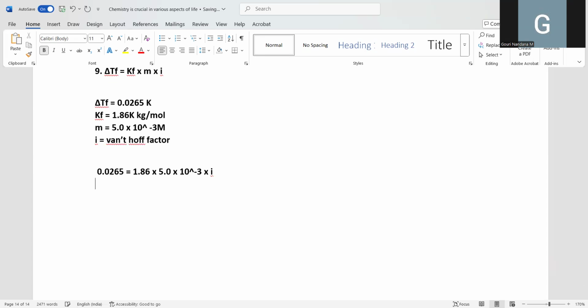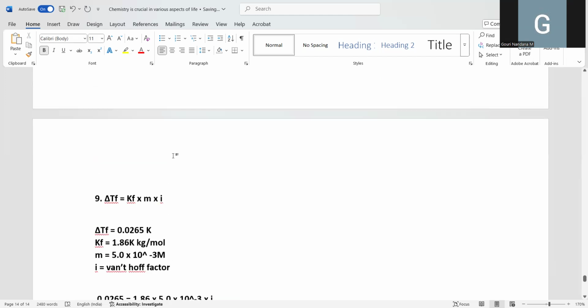I is equal to 0.0265 divided by the whole thing. So when you solve this, you will get the value of I, which is around 2.85. Now we need to calculate the degree of dissociation.